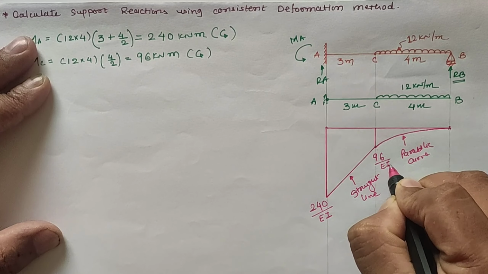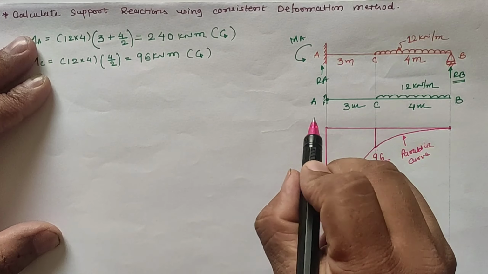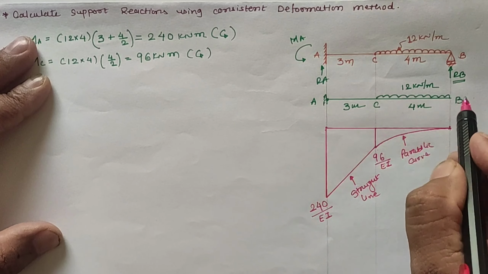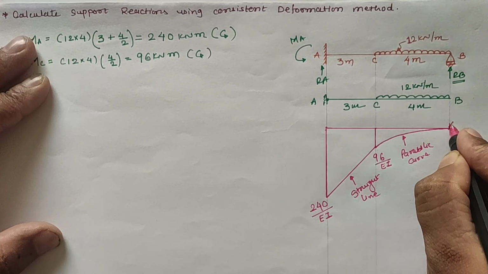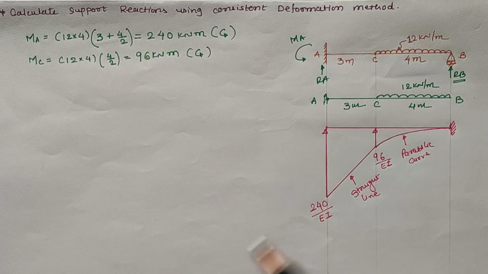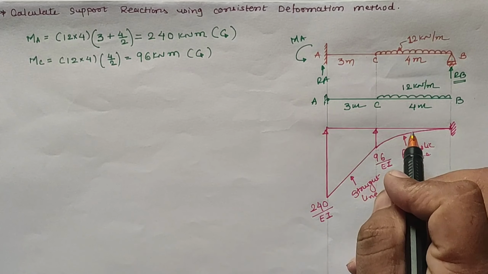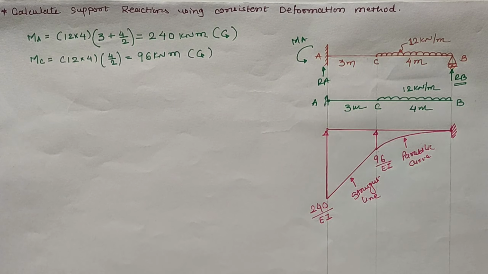So our value is nothing but the value divided by EI, and fixed support becomes free and free support becomes fixed for the conjugate beam, and the M over EI diagram gives the loading on the conjugate beam.